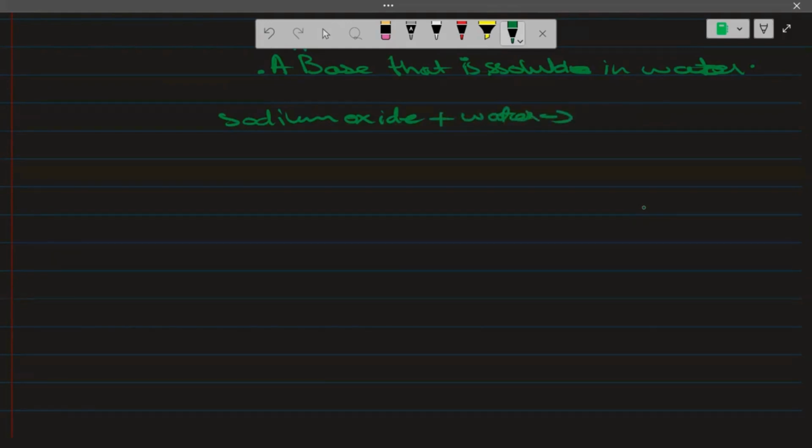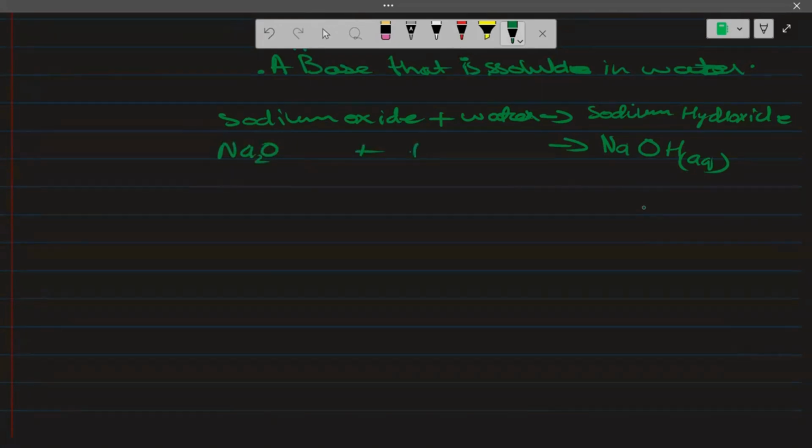It forms sodium hydroxide, NaOH, which is aqueous, from Na2O plus H2O. H2O is liquid and Na2O is solid. When we do this reaction, it becomes NaOH aqueous.